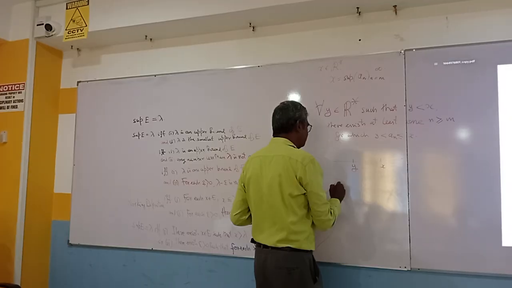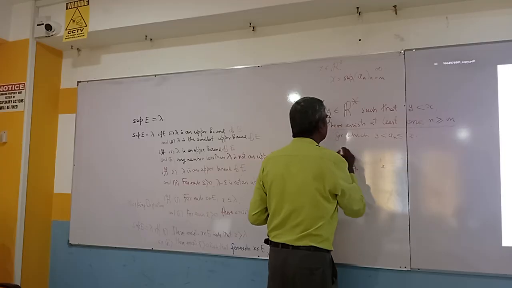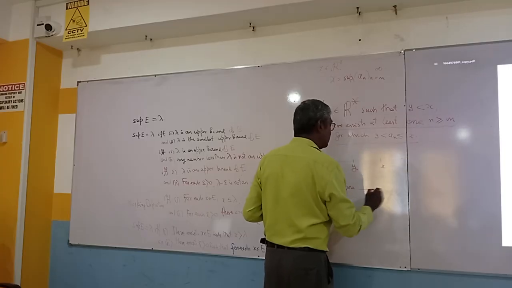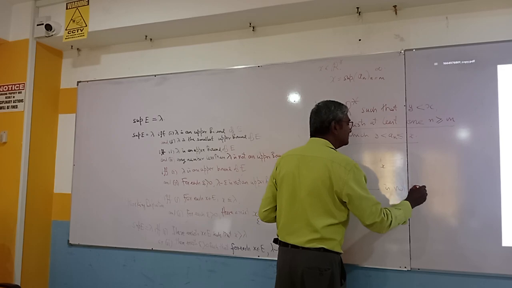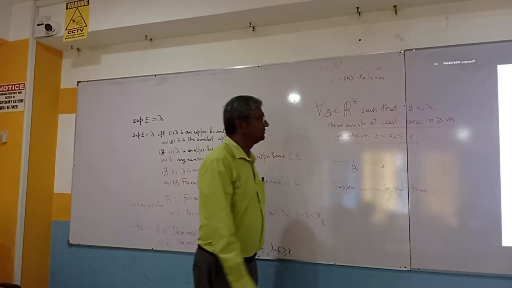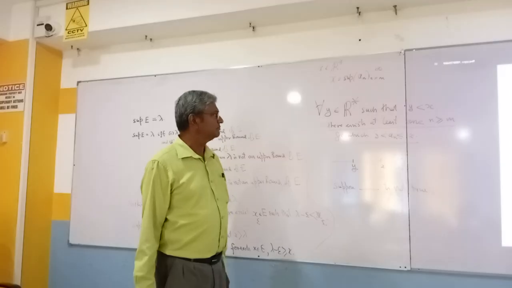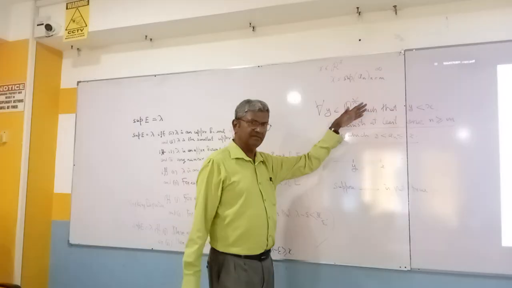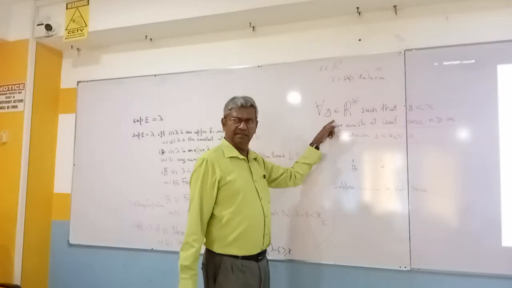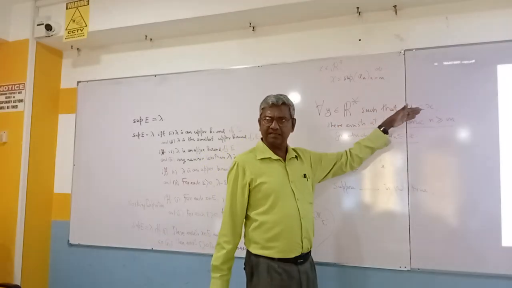So let's assume this is not true. Suppose, that's not true. Then what will you get? Now y is fixed. We have taken y, let y belong to R star, such that y is less than x.